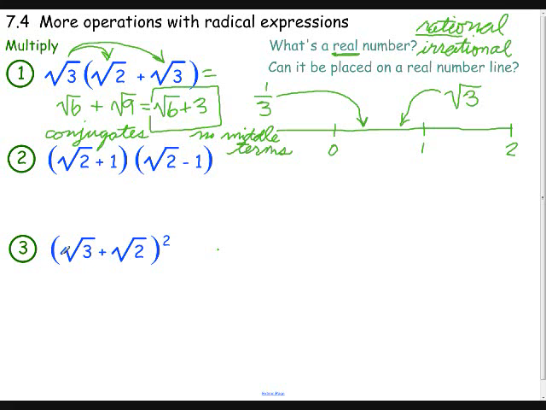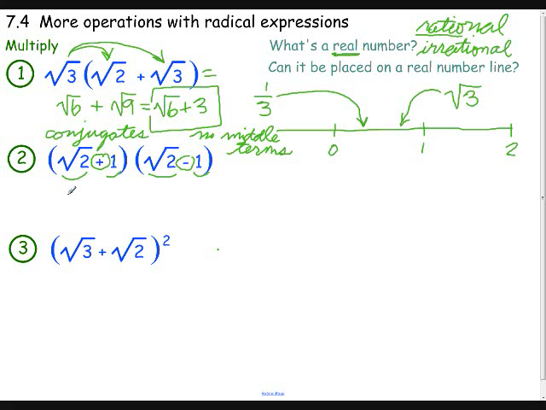I'll show you why in these next two examples. When we have conjugates where the first term and the last term are identical, one of them is a sum, one of them is negative. That's how we recognize that we've got conjugates.